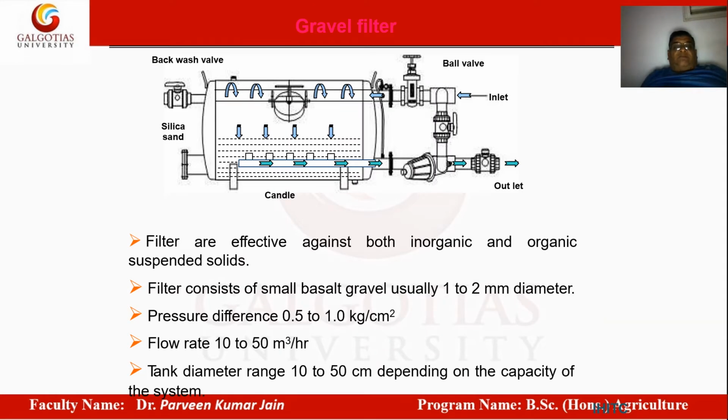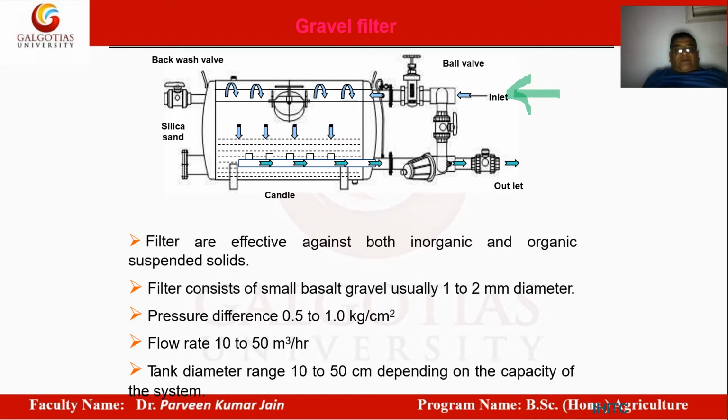The first type of filters is gravel filters, whose other names are sand filter or media filter, but the functioning is the same. In this, the water is inletted from here, and there is a valve here.